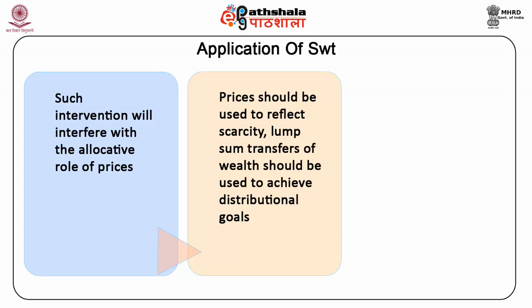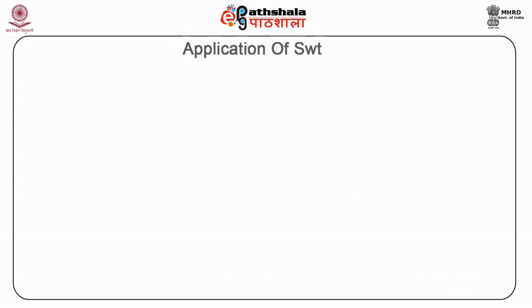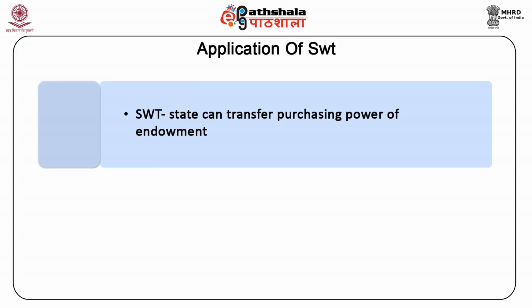In a competitive market, how much each person can consume depends on the value of his endowment. That is, it is determined by the value of the resources that a person has to sell. Thus, the second welfare theorem says that in order to distribute goods differently, the state can transfer purchasing power of endowment.